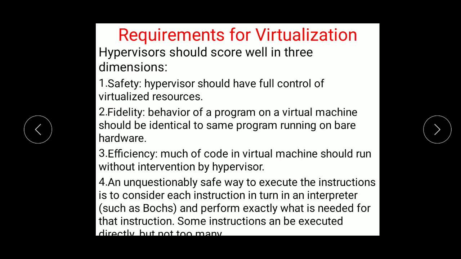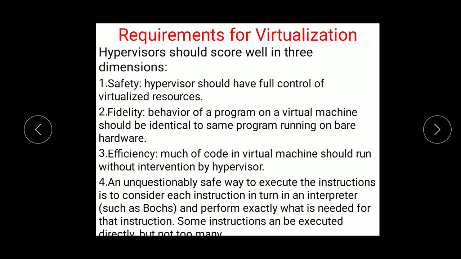Fidelity means the behavior of a program on a virtual machine should be identical to the same program running on the bare hardware. That is, if I am running some music on my actual system, the consistency it gives me should be the same as when it is accessing the actual hardware.